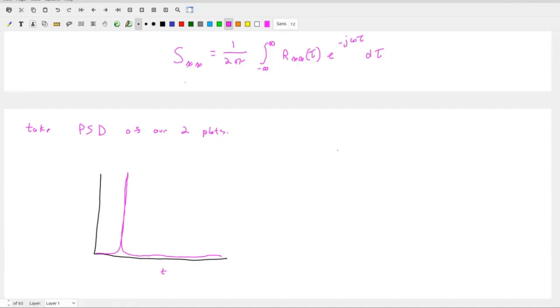Let's just call that, okay, let's just call that omega n, because we're working with vibrations, right? But it's whatever the frequency of our signal is.